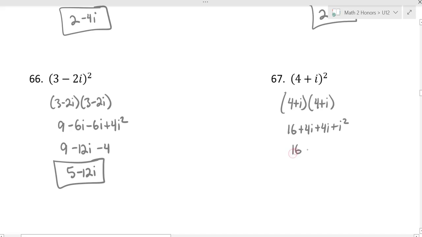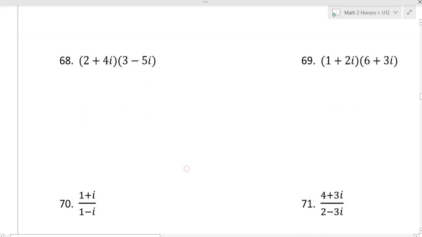So it's 16 plus 8i minus 1, because i squared is negative 1, so it's 15 plus 8i. 68, 2 times 3 is 6, 2 times negative 5i, 4i times 3, and 4i times negative 5i is negative 20i squared. So 6 plus 2i plus 20, because negative 20 times i squared is negative 20 times negative 1, which is positive 20. So 26 plus 2i.